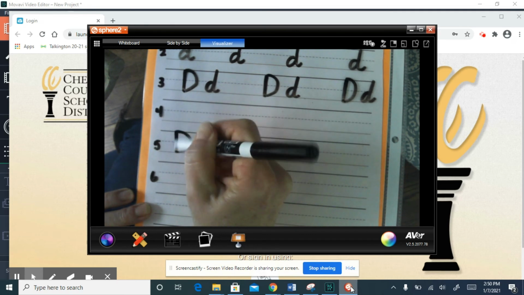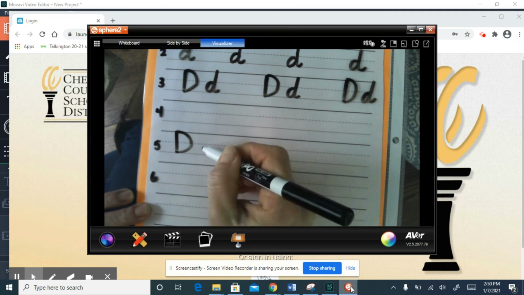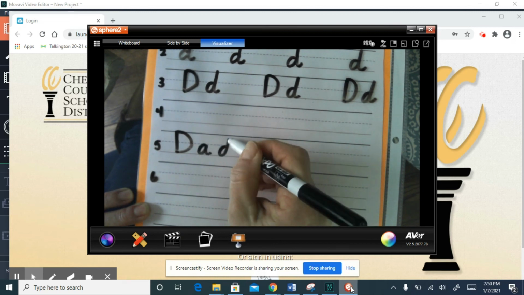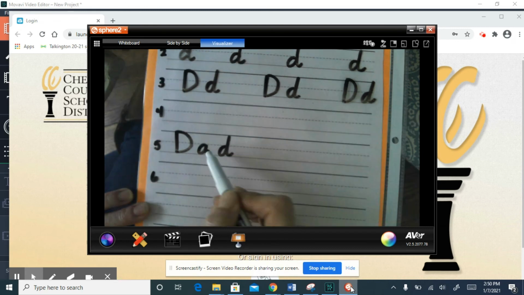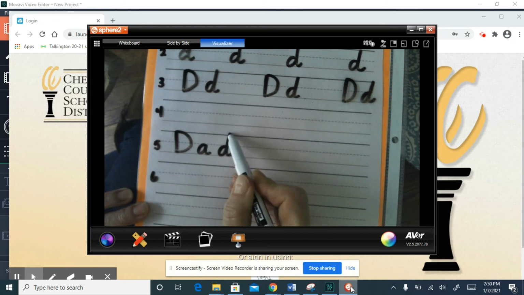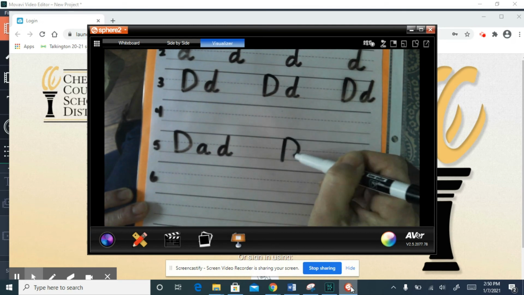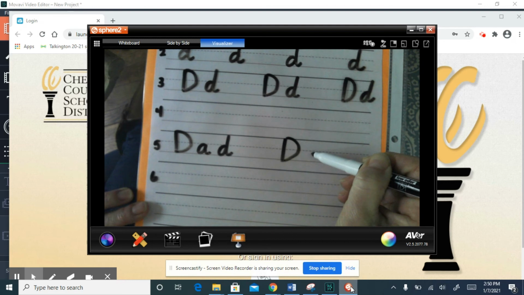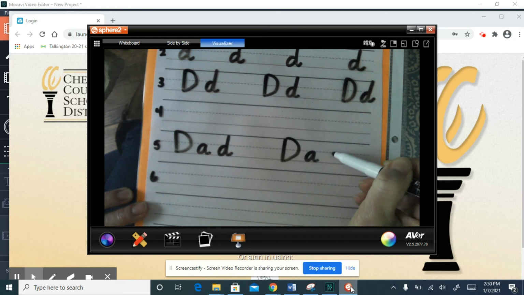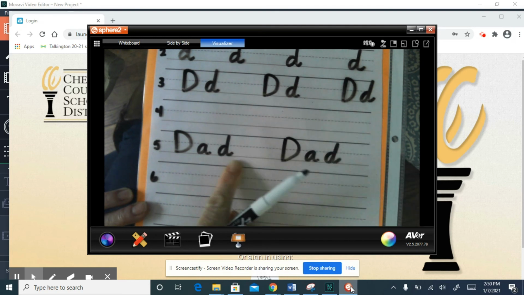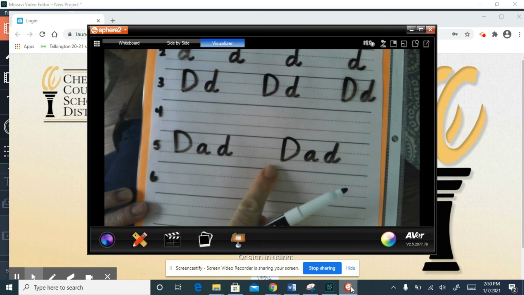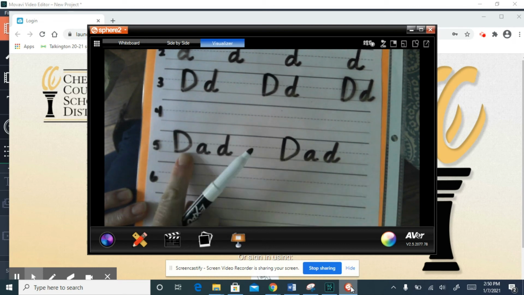So you do your capital D as if it's the beginning of the sentence, the lowercase a, and then the lowercase d. And a lot of these are looking just like that lowercase a, except you touch the top, retrace back down. Again, you're going to write the word dad with a capital D, lowercase a, lowercase d. Notice there's a good amount of space between those two words, but not much space between the letters.